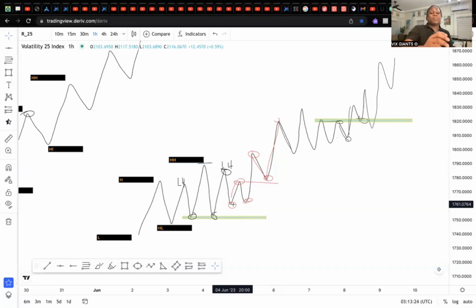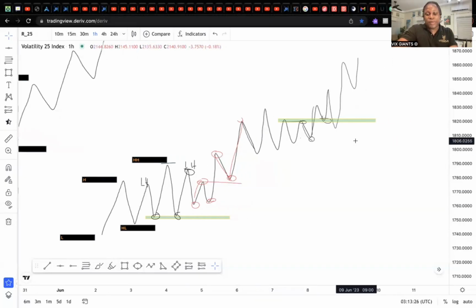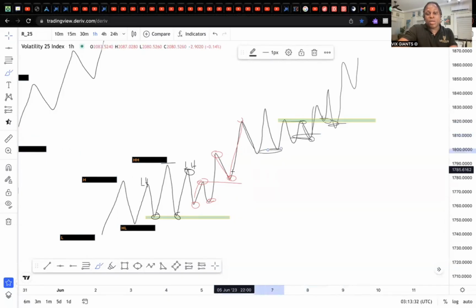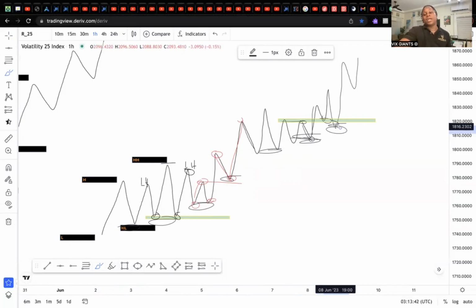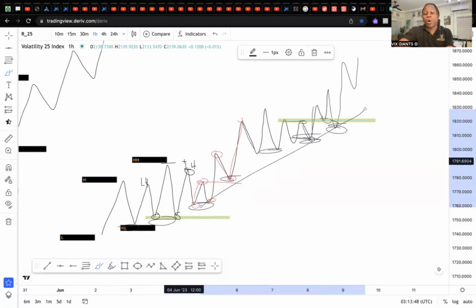So if we get the market to push below, if we get the market to break below one of these areas, then it's a sign that the buyers in the market are getting weak. They're getting exhausted, right? So until that happens, we're in an uptrend. Doesn't matter how the market looks, right?